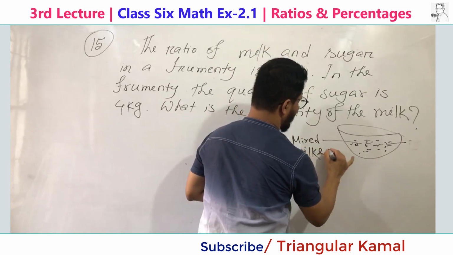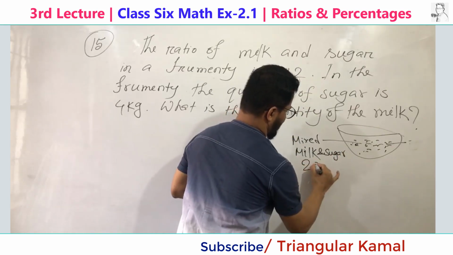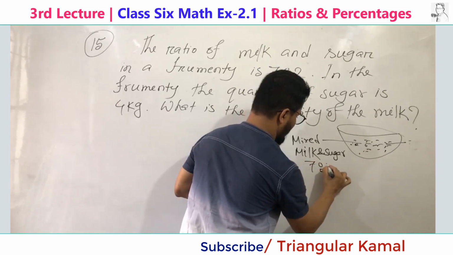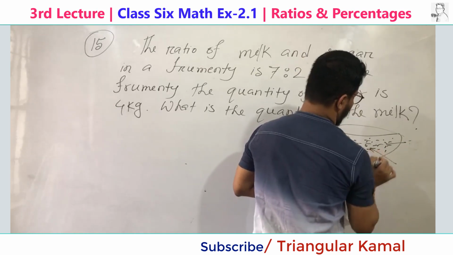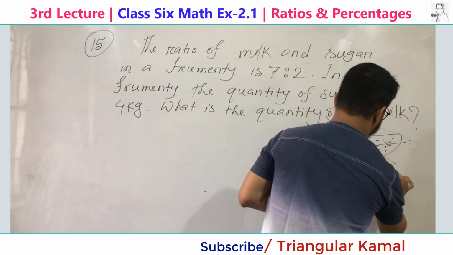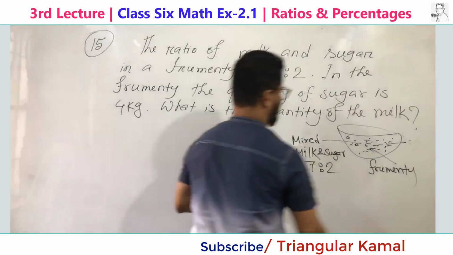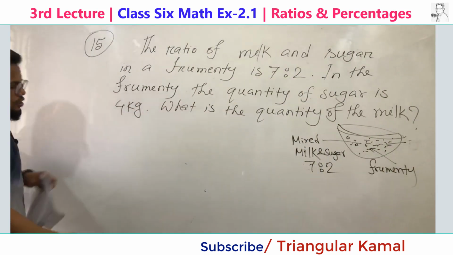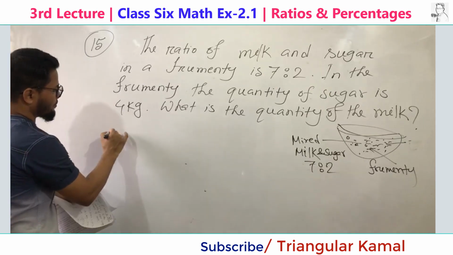Milk and sugar, 7:2. Container. Maximum students have already done it, using just the short steps here.